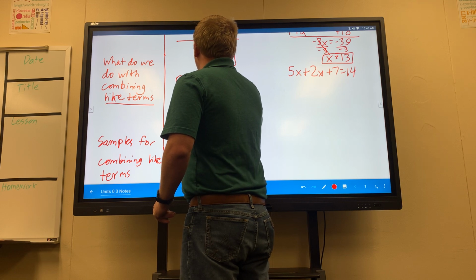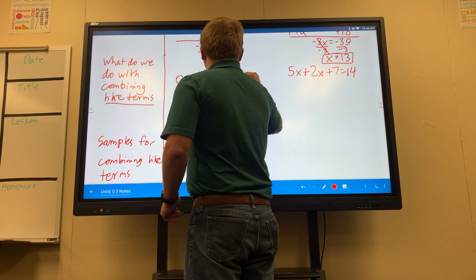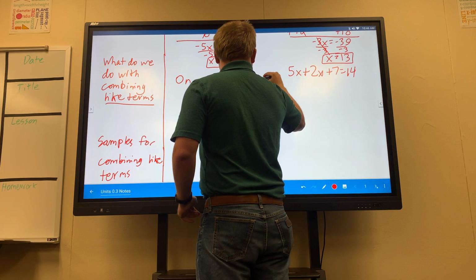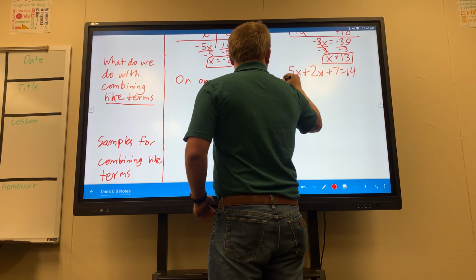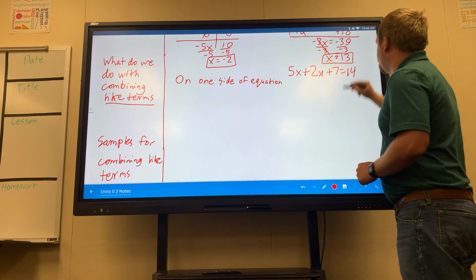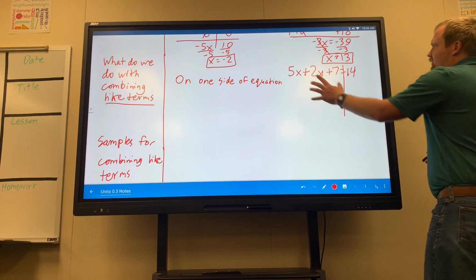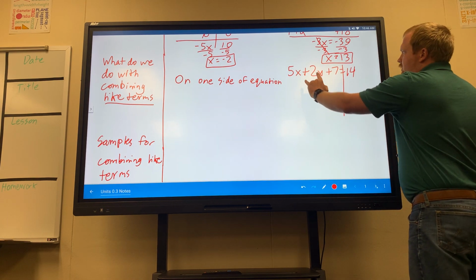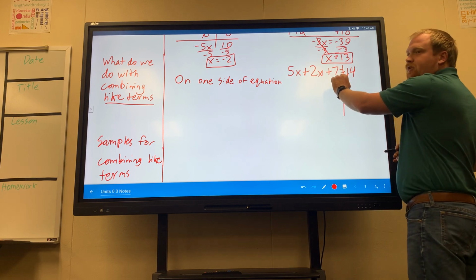If I look at one side of the equation, so let's split this in half, let's look on the left side. I got a 5x plus 2x plus 7.